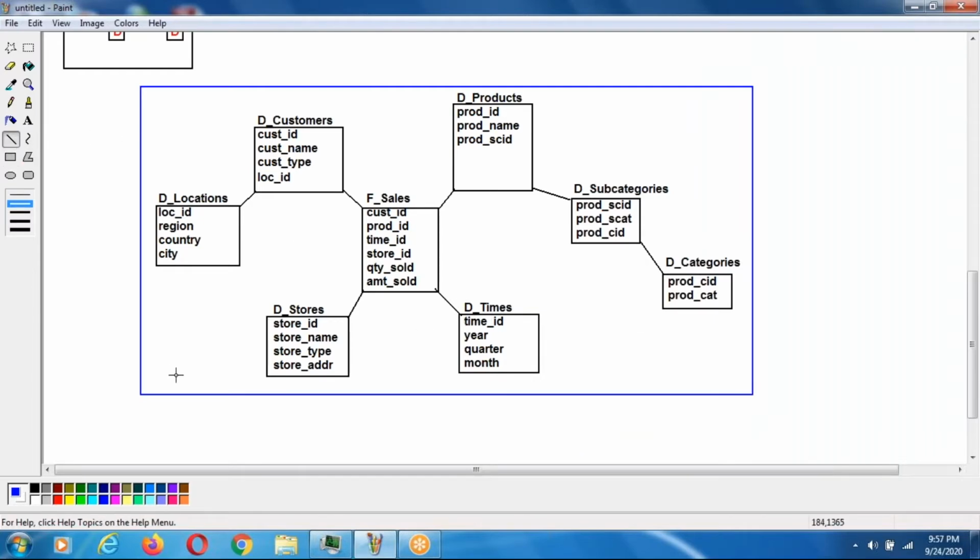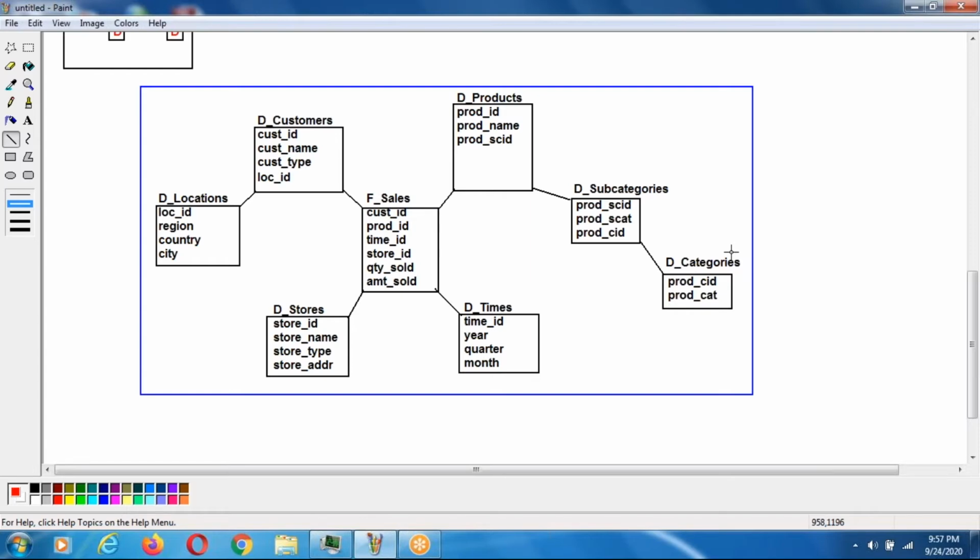So what does the fact table usually consist of? A fact table consists of foreign key fields of dimensions and measures.